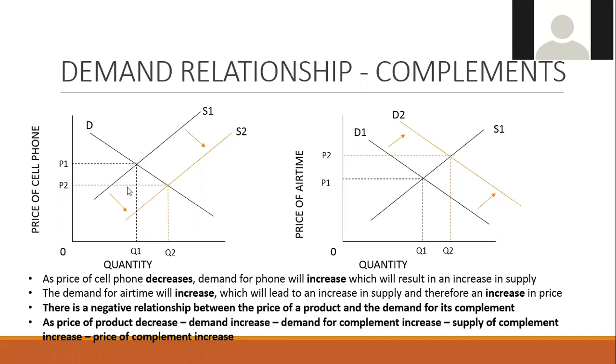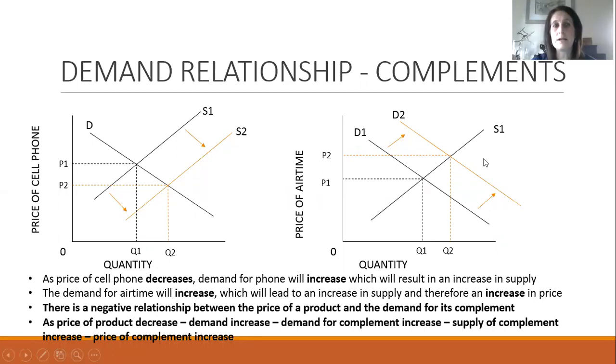And because people need to buy airtime regardless, the price of that is going to increase as well. So if one product is getting cheaper, the complement will increase in price.